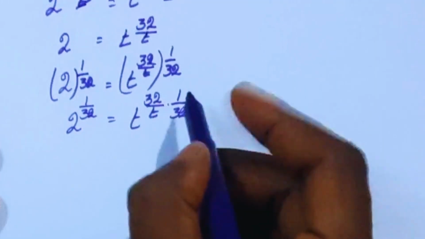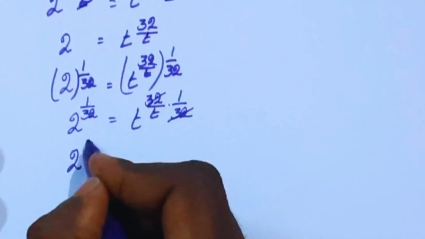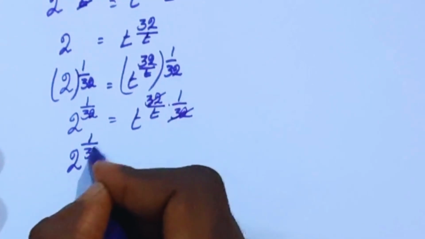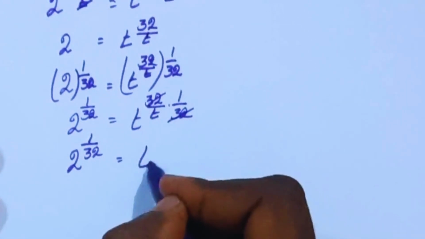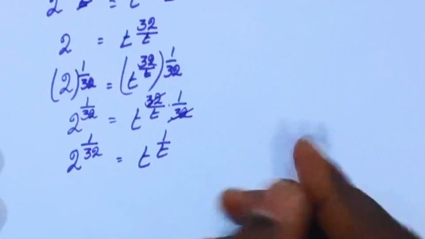Now this 32 cancels this, so we have 2 power 1 by 32 equals t power 1 by t.